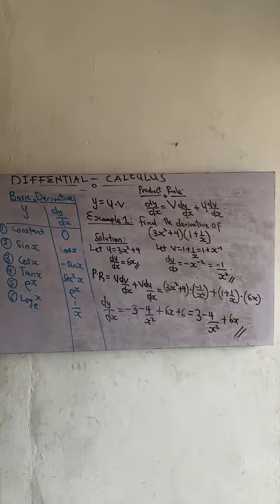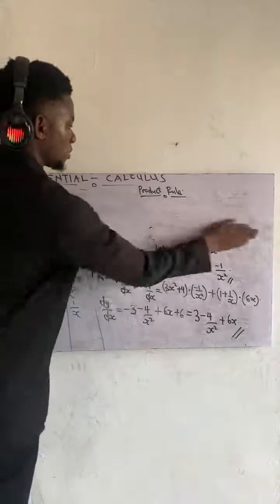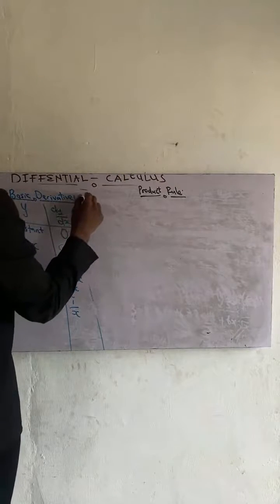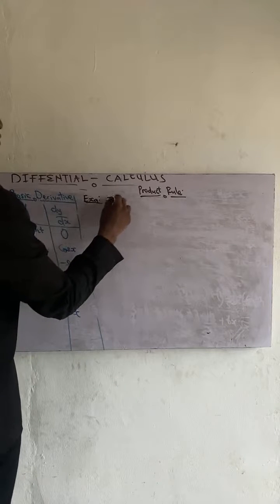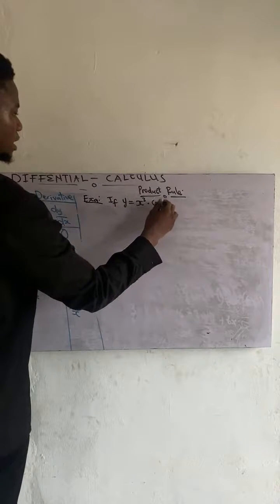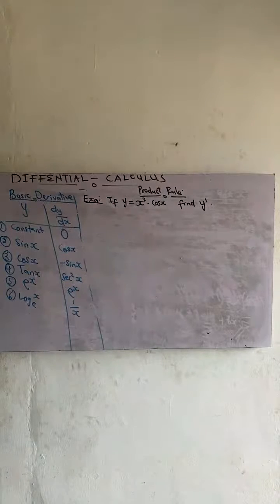Okay? Before we move on, let's look at another particular example. If y equals x cubed dot cos x, find y prime.